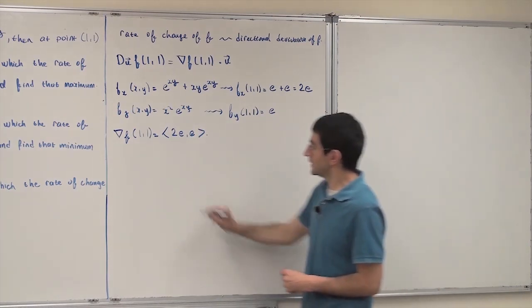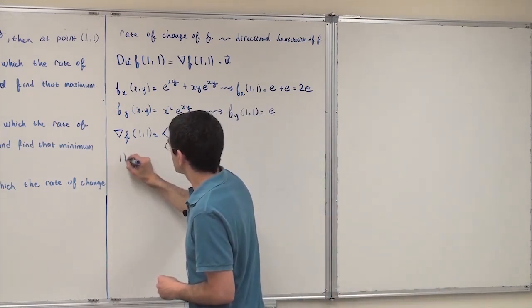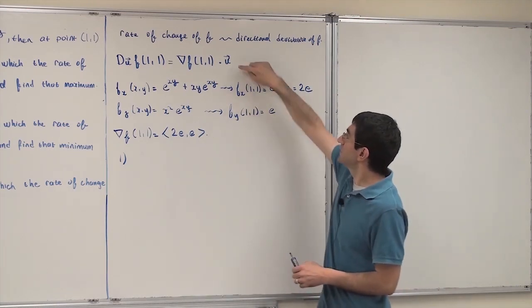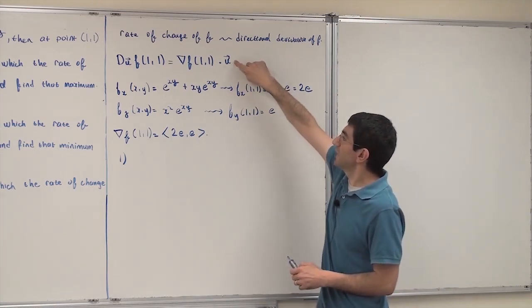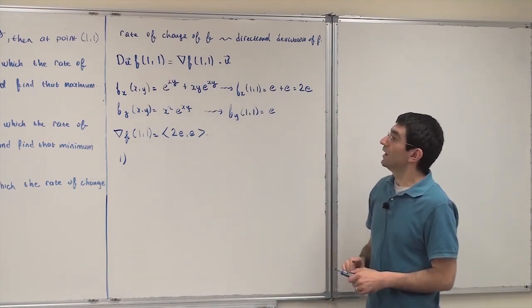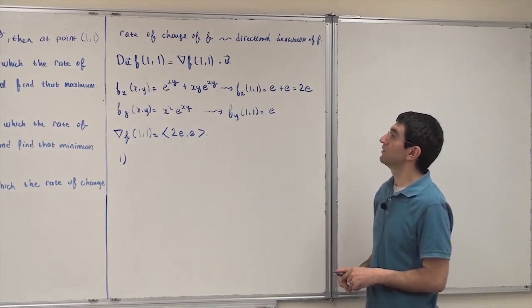Okay, so now we can start answering the first part of the question. We'd like to find the vector u so that this directional derivative gets its maximum value.